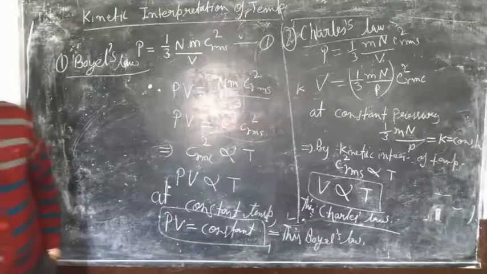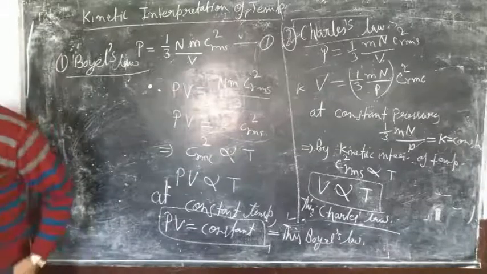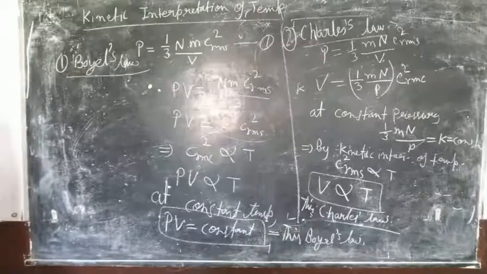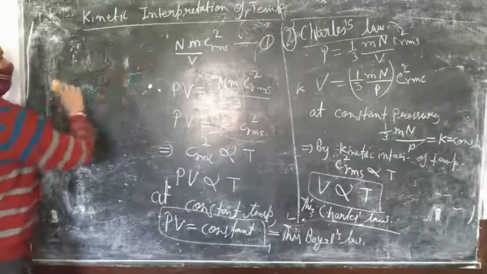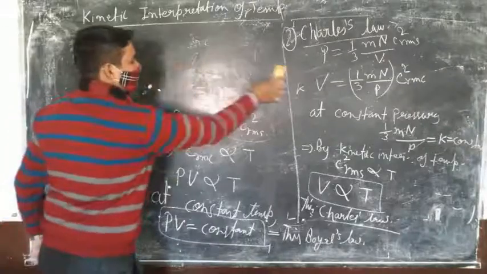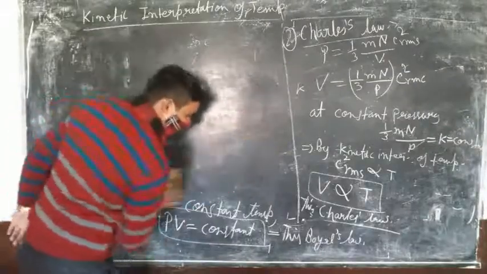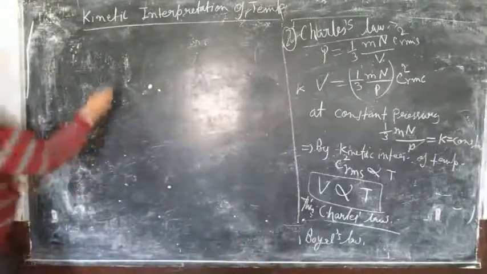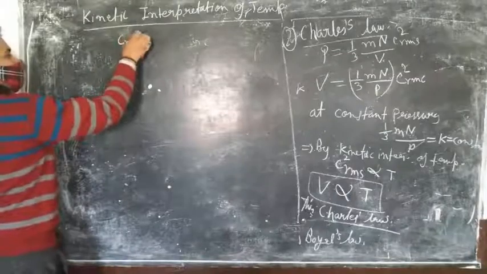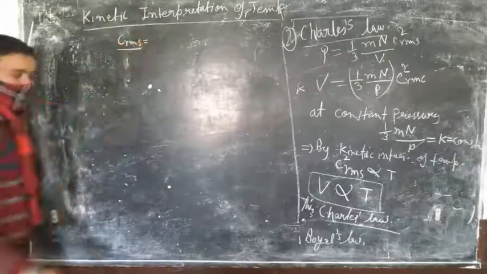We have some important definitions to understand. First, root mean square speed, in brackets CRMS.